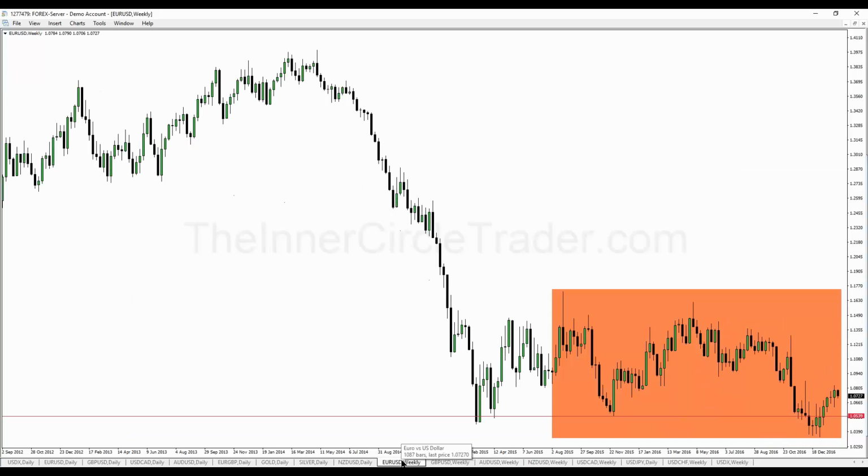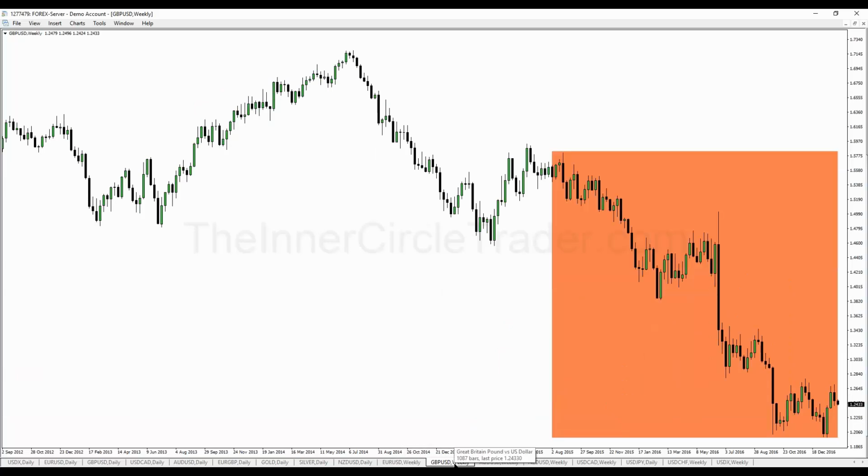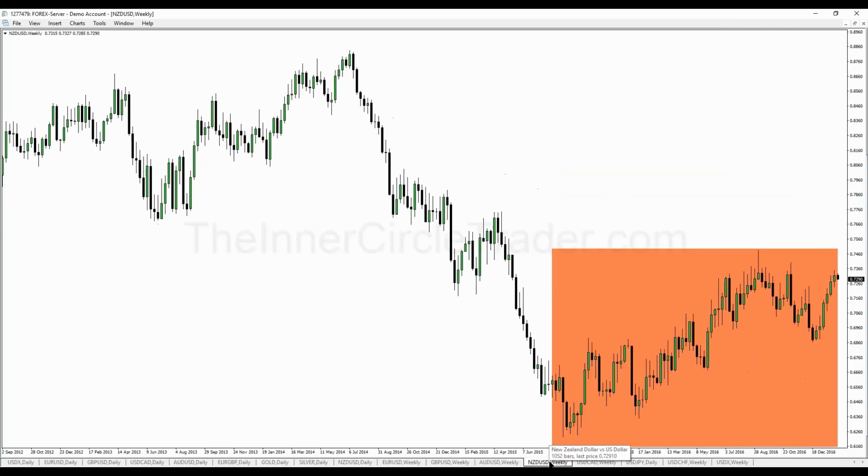In euro, like 900 pips, something like that, on the downside, close to that. And then you have the pound dollar, where it had thousands of pips. New Zealand, about 1,000 pips.